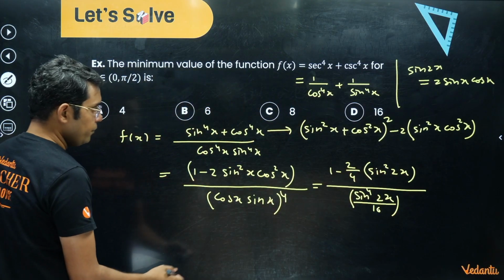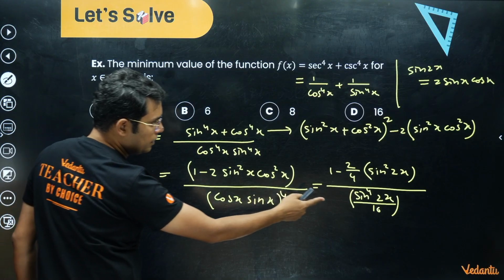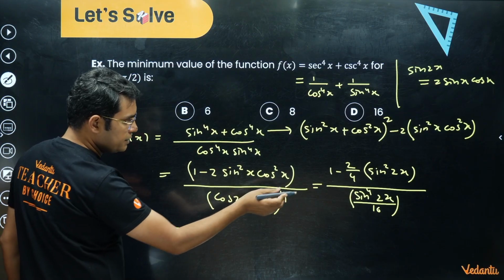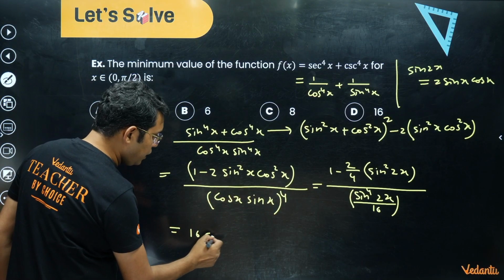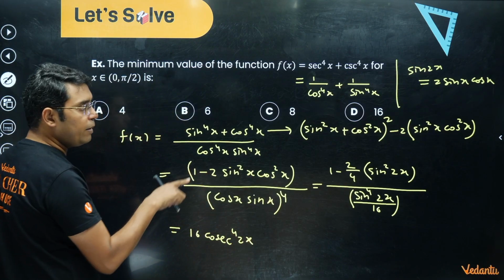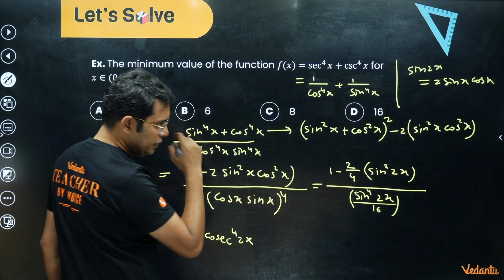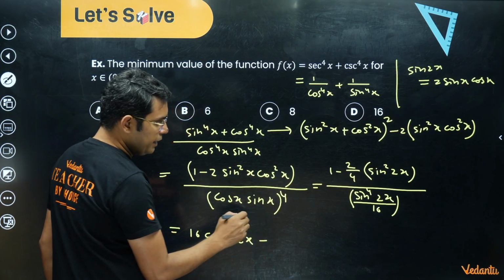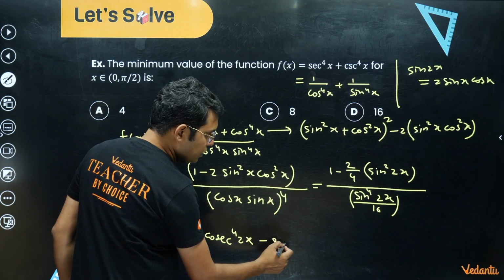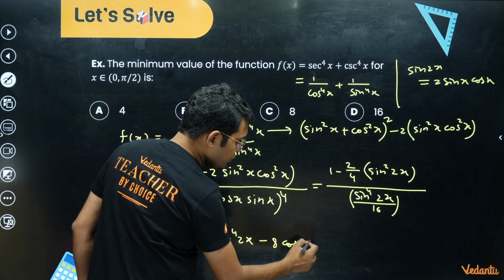Okay, so after simplification, 16 will go that side, and sine power 4 in the numerator will become cosecant power 4 2x, and 16 going that side, I think it will make minus 8, and here it will be cosecant square 2x.